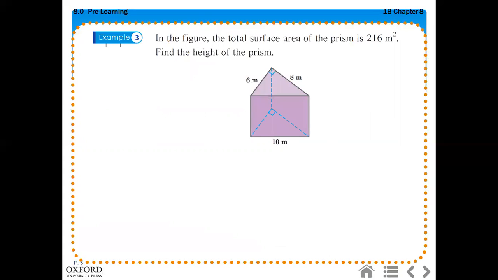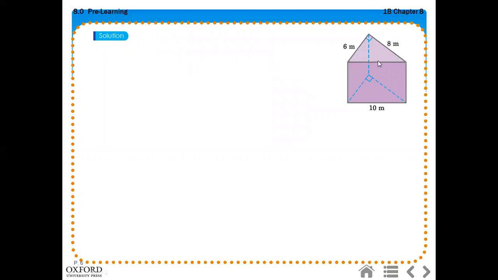Okay, the next one, question 3. If the total surface area of this is 216, find the height, how high it is. Similar to the last question, find the area of the upper and the lower bases, which is a right-angled triangle.